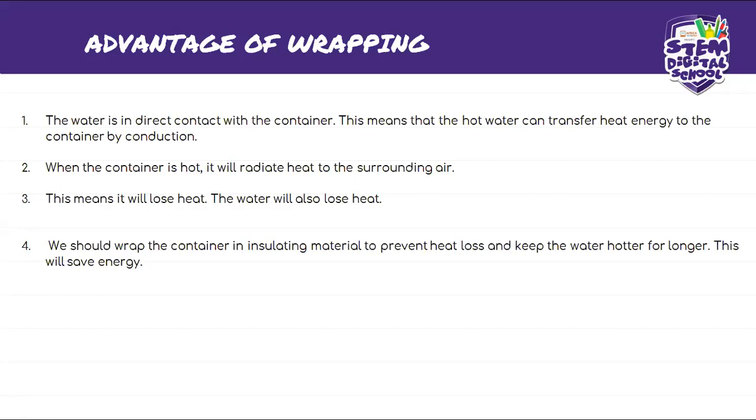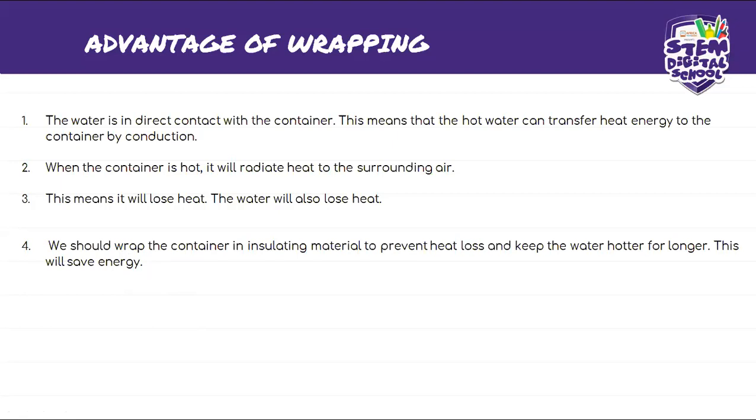This will save energy. All right, so some of you got that right. So what I'm trying to say is that we keep the container insulated to prevent heat losses and keep the water hotter for a long time.